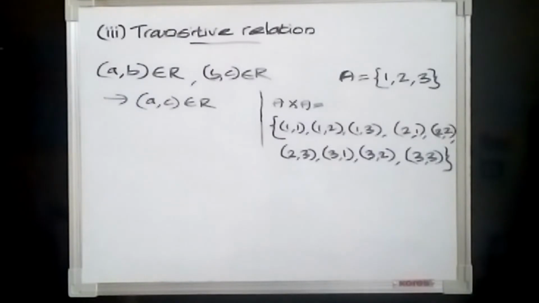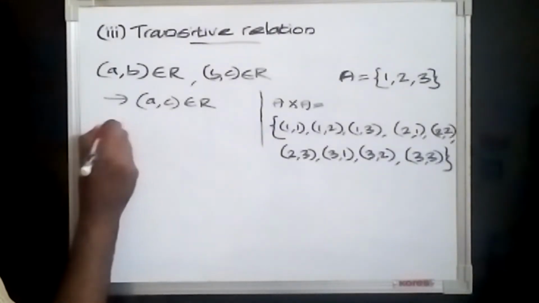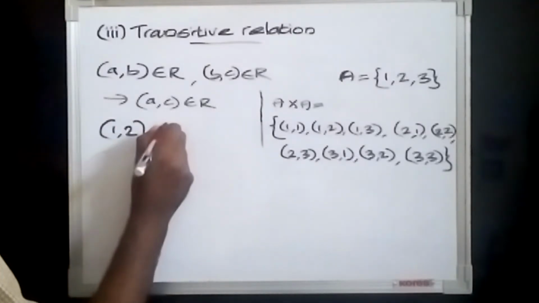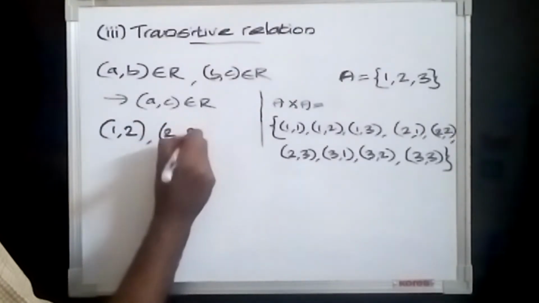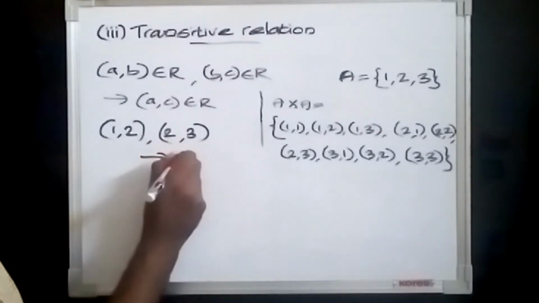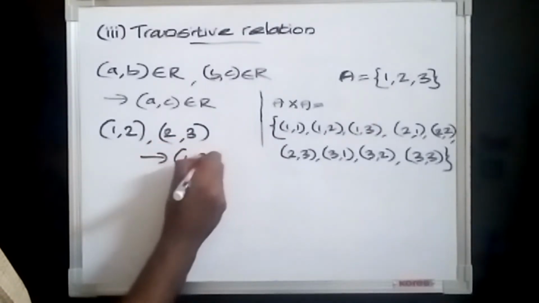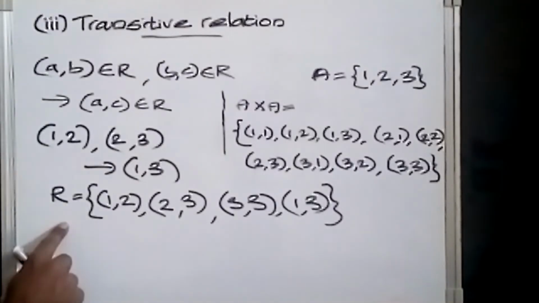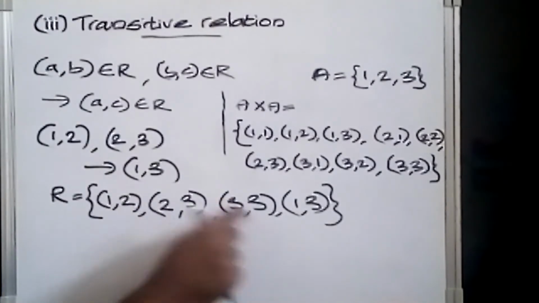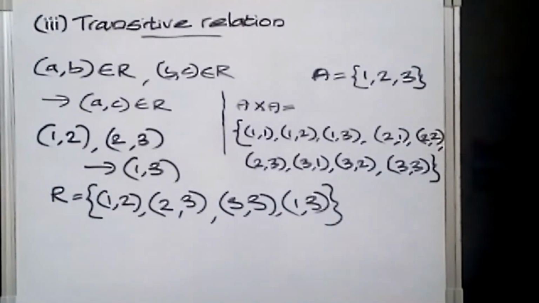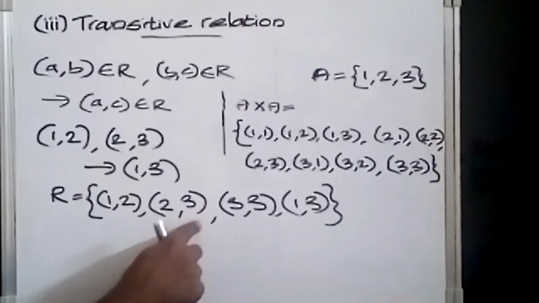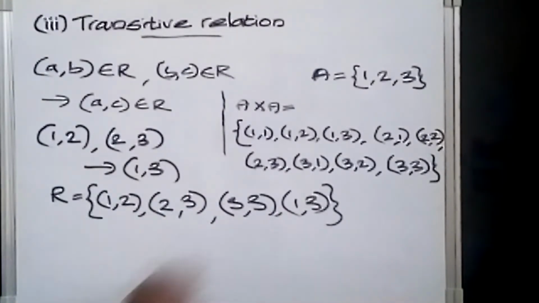For example, whenever 1 is related to 2 and 2 is related to 3, then 1 should be related to 3. R equal to the set {(1, 2), (2, 3), (3, 3), (1, 3)} is a transitive relation because whenever 1 is related to 2 and 2 is related to 3, then 1 is related to 3.